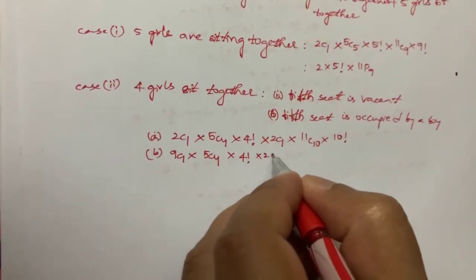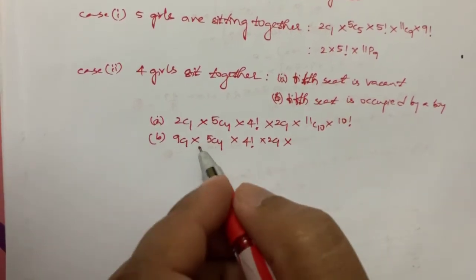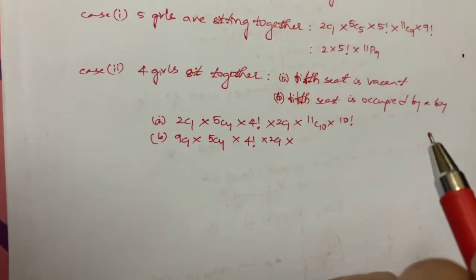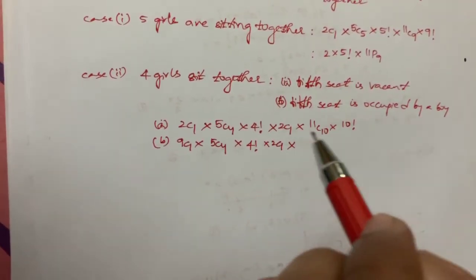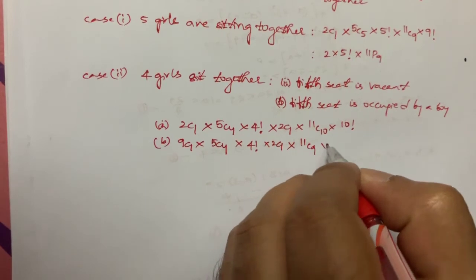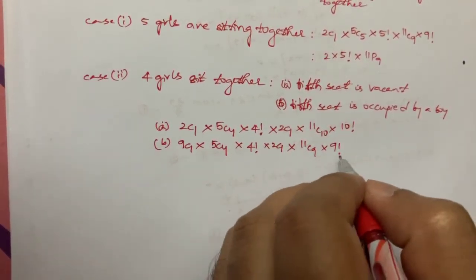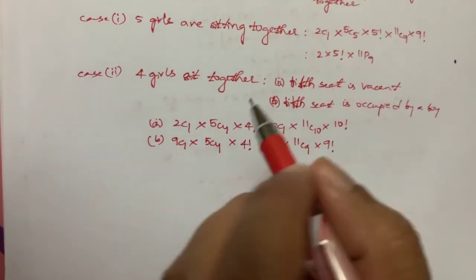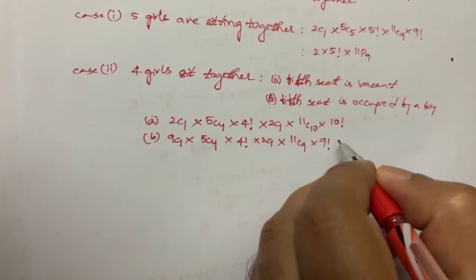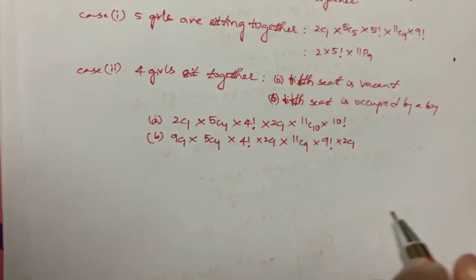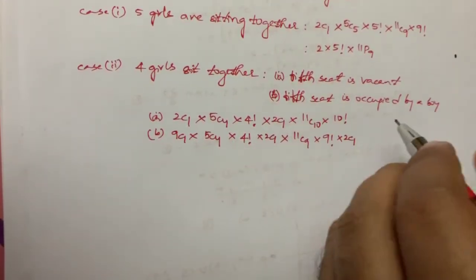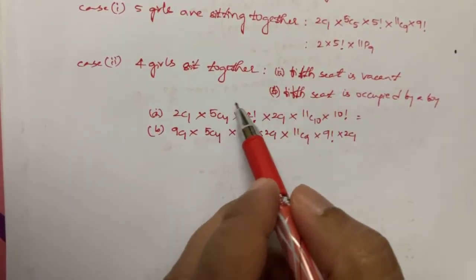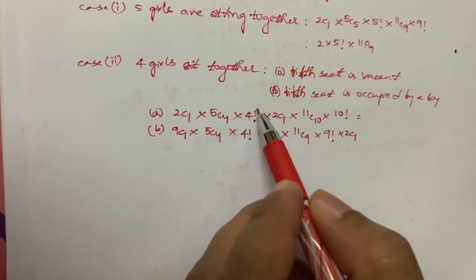So again 2C1. What is left remaining? 8 boys and 1 girl, so 11C9 into 9 factorial, the number of ways they can rearrange. And this arrangement can be in any one of the vans, again 2C1. If we simplify this case, 11P10 and 5C4 into 4 factorial is 5 factorial.